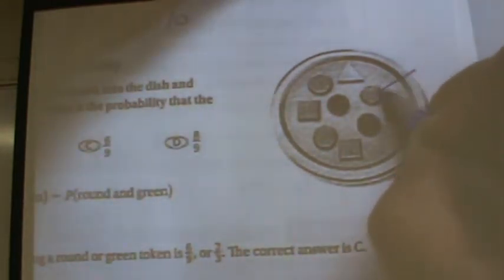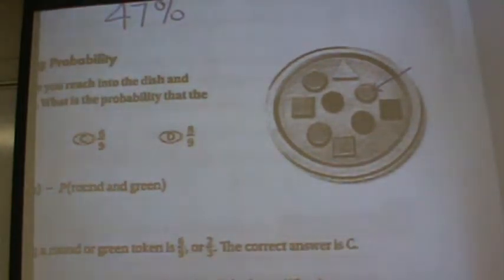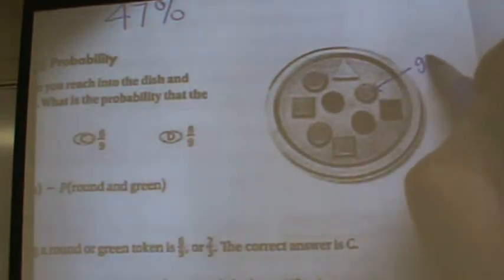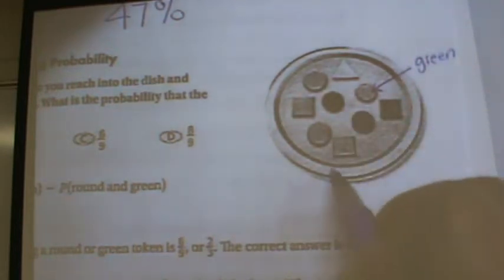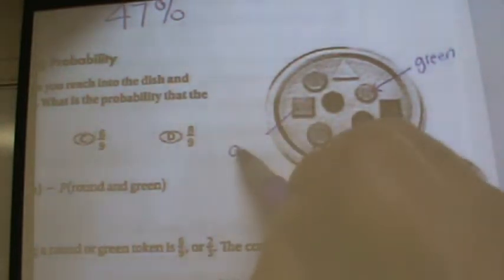So for example, and the colors are not here for you, but I'm gonna have you write this. You have these tokens in a dish, and they're different colors. And by the way, see this round one right here? It's green. This is green, and this square is green.